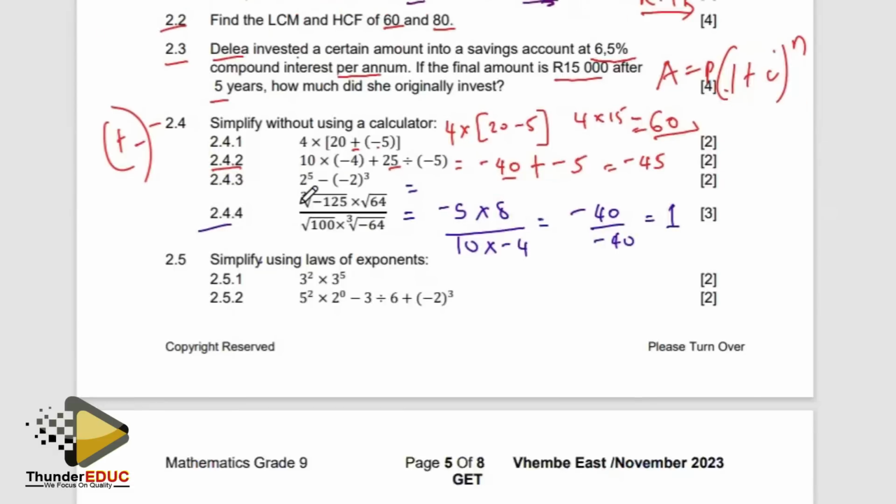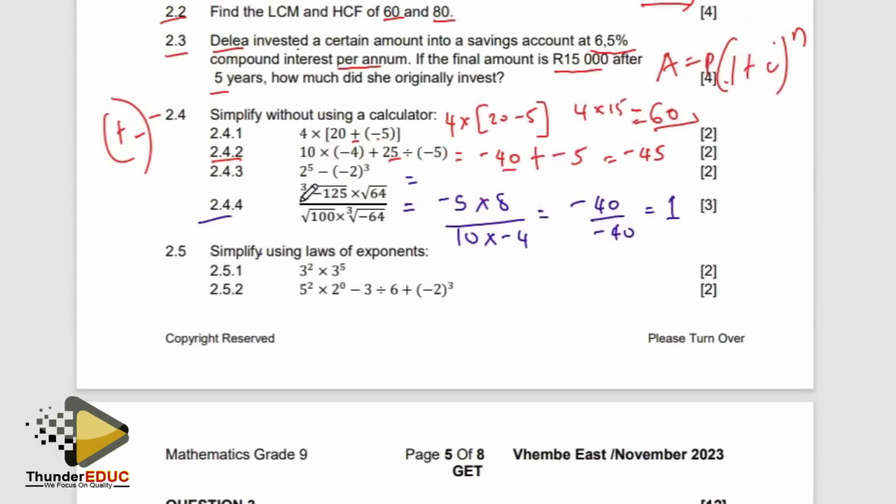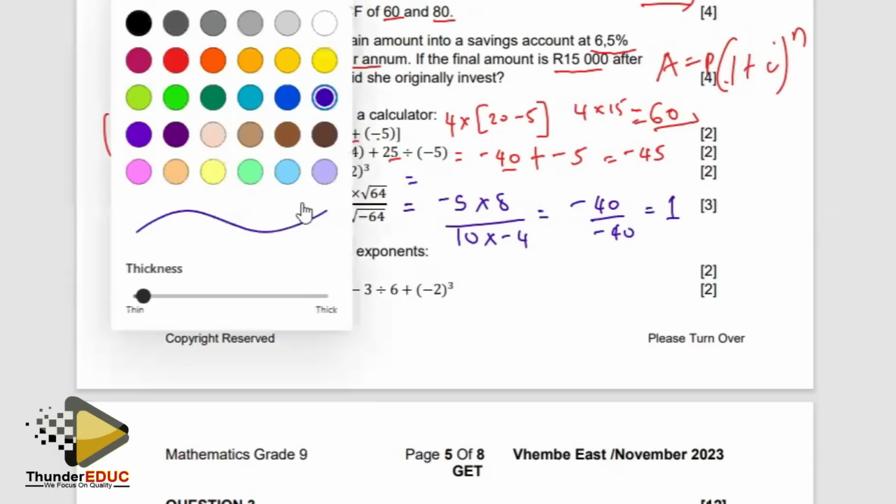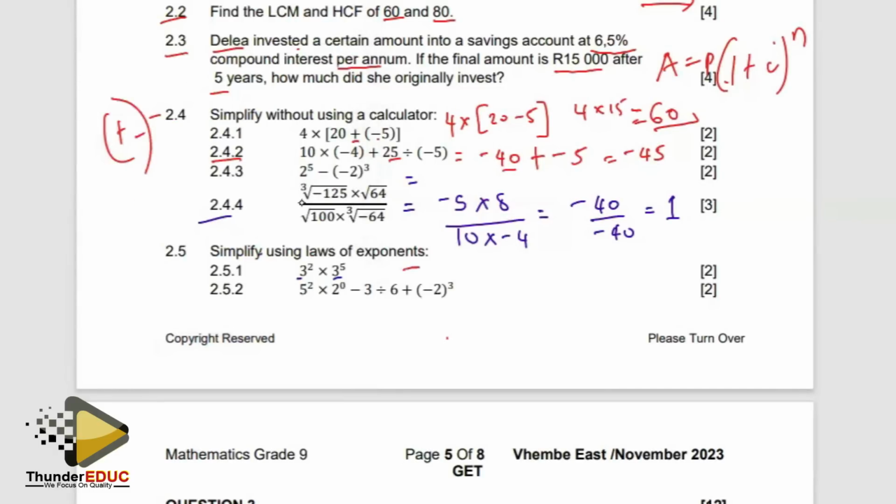Okay, then 2.5, which is the exponents. Laws of exponents. We know that when the bases are the same and we are multiplying, we shall add the exponents. So that's going to be 3 to the exponent of 2 plus 5, which is 3 to the 7.